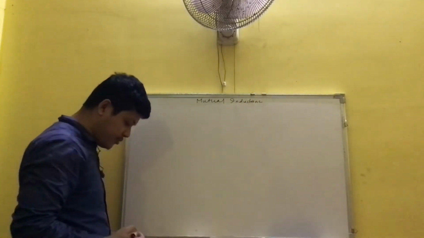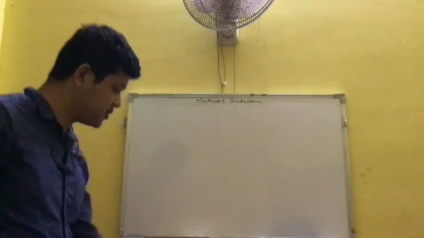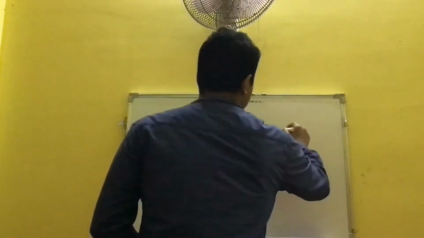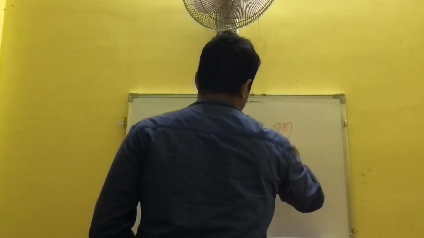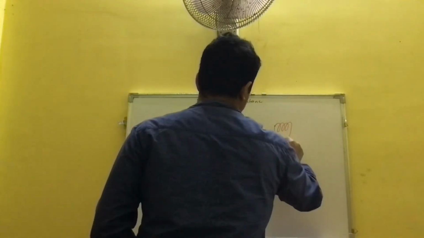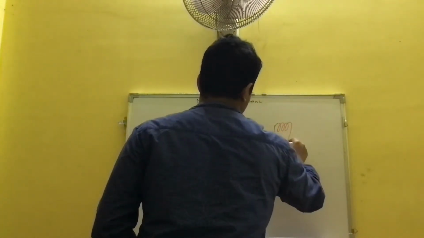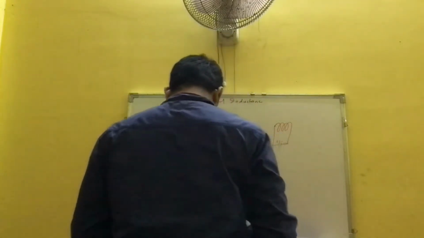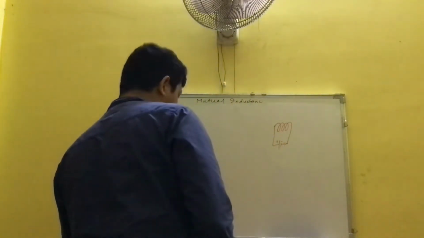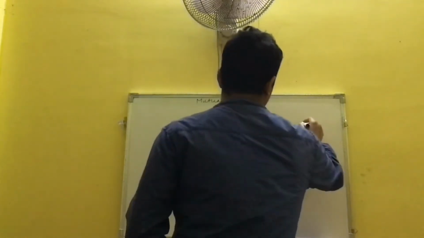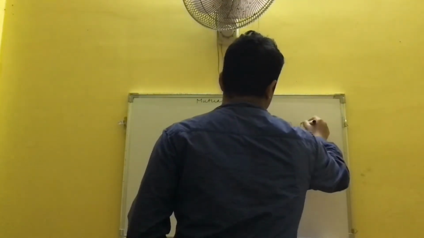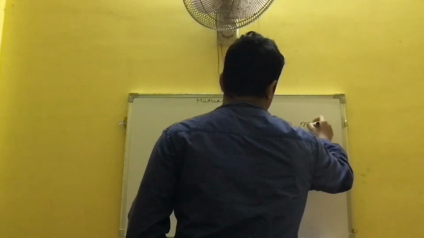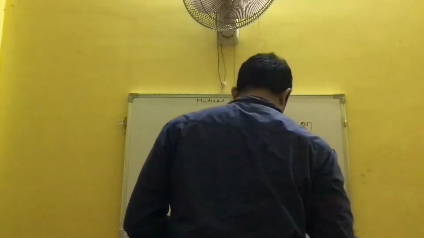Suppose we have two coils here. This is suppose primary coil. The potential is given, right? Another coil. This is secondary coil. There is no potential in this coil, right? No potential is given in this coil.